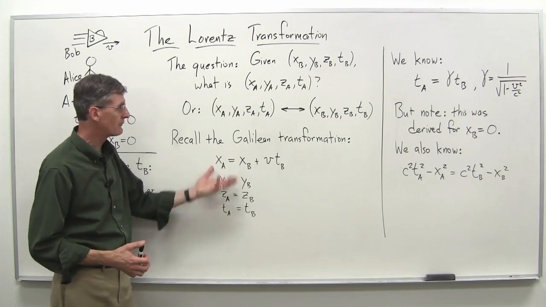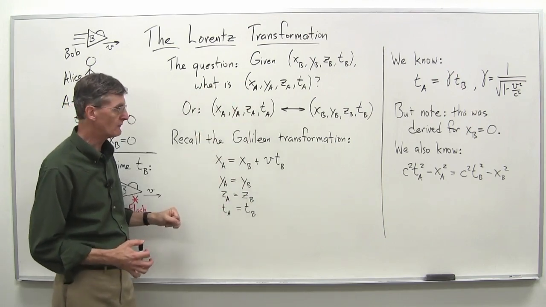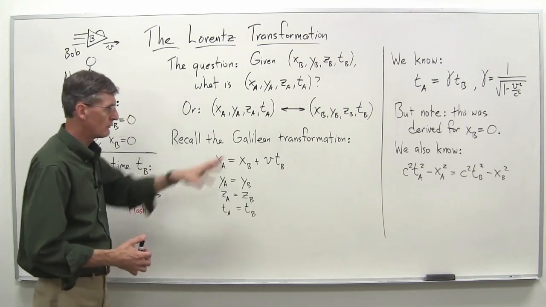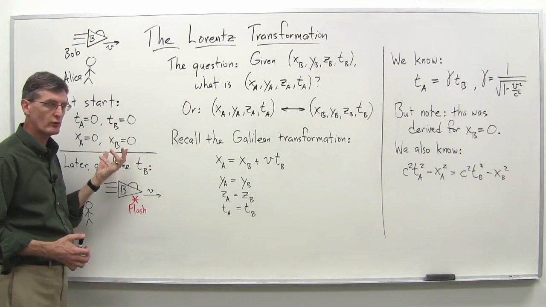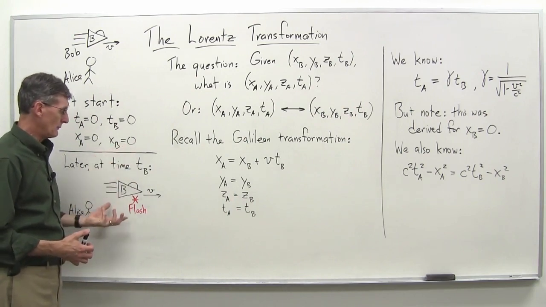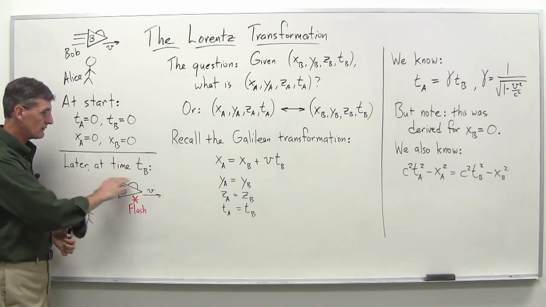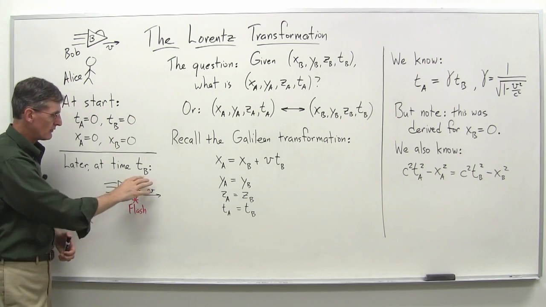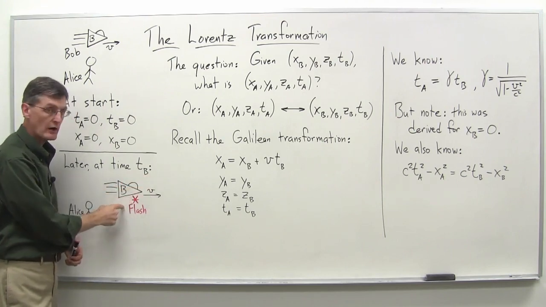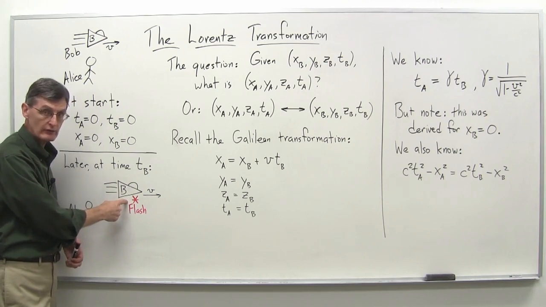We'd like to have something like this that works with special relativity. So that's our goal here. We'll get back to the stuff over here in a minute, but let's set up a situation for Bob and Alice. What we want to do is later, at time tb, so they pass each other at time t equals 0 essentially, and then later at some time tb, according to Bob's clock, he sees a flash of light right at his cockpit.